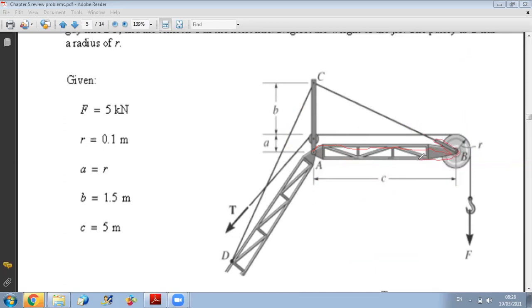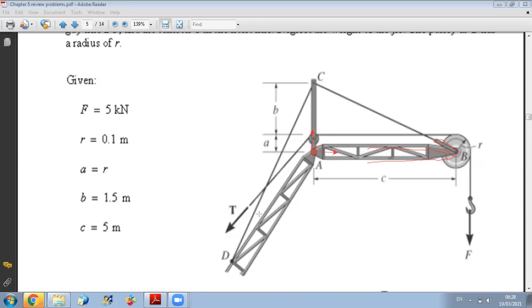This is your system. This system is interacting with what? A is a pin. So the pin A is connecting AB to AC, to AD. A is lumping the action of all on the structure. Because A is a pin, you will represent it by AX and AY.